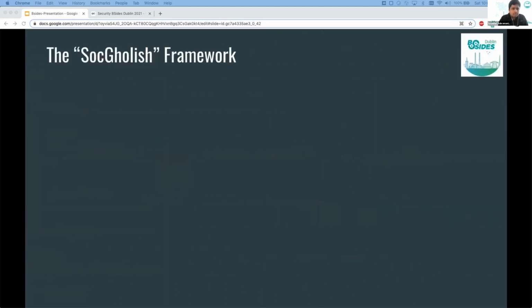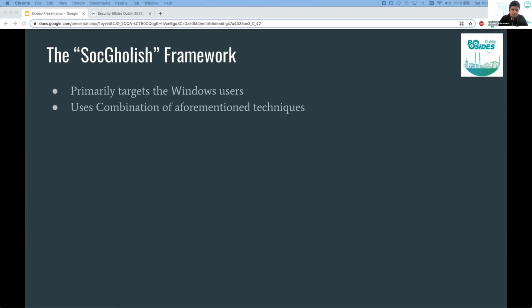So next, we want to talk about the Sawgullish Framework. The SOC in Sawgullish stands for social engineering, and this framework primarily targets Windows users. It leverages all the aforementioned techniques, and it is used to trigger and deliver drive-by downloads to the endpoint.